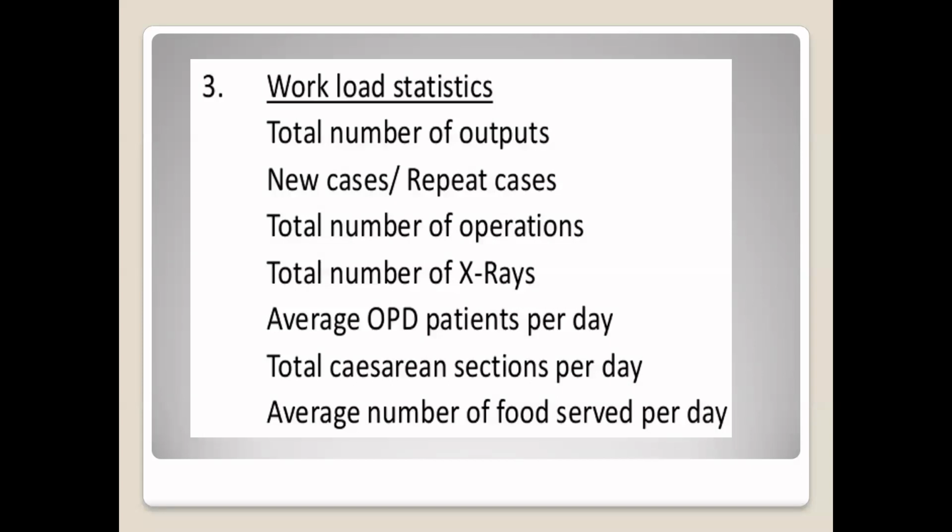Third, workload statistics, that is total number of outputs, new cases or repeat cases, total number of operations, total number of x-rays, average OPD patients per day, total cesarean sections per day, average number of food services served per day. All this we discuss with workload statistics.